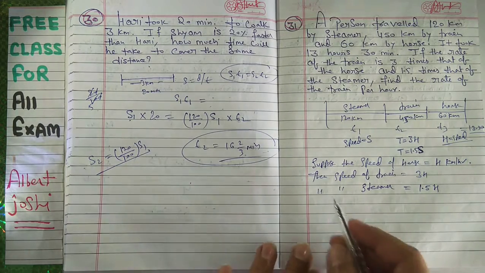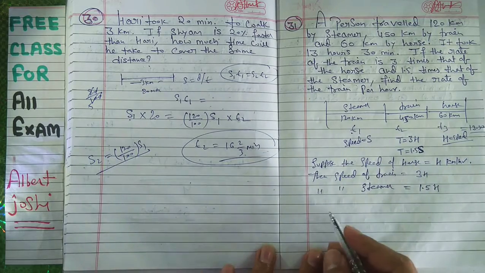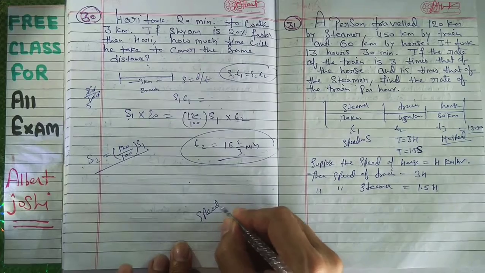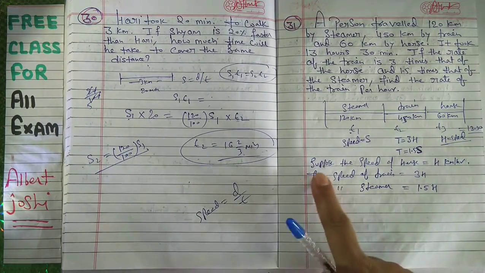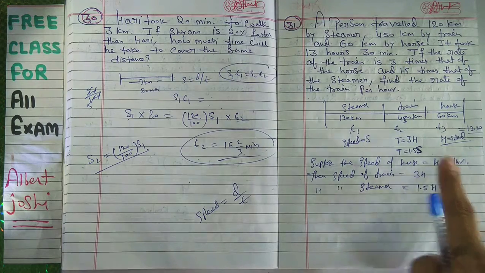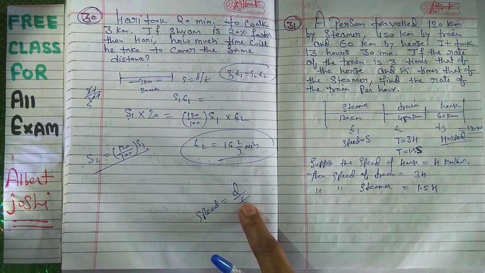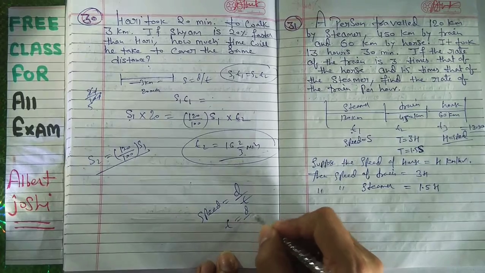Now you have to add the times. Speed is equal to distance upon time, so you have speed, distance and time. So time is equal to distance upon speed.